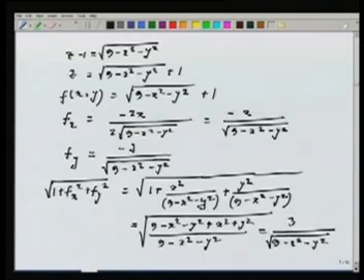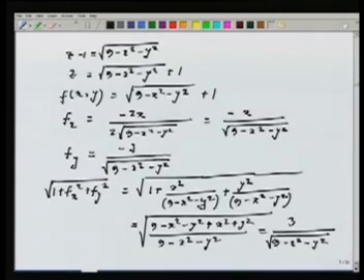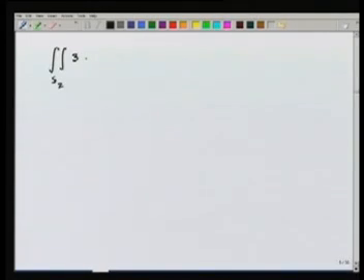Okay. So the integral now I am looking at is double integral over S2 of 3 times the function 3 by square root of 9 minus x square minus y square dx dy.